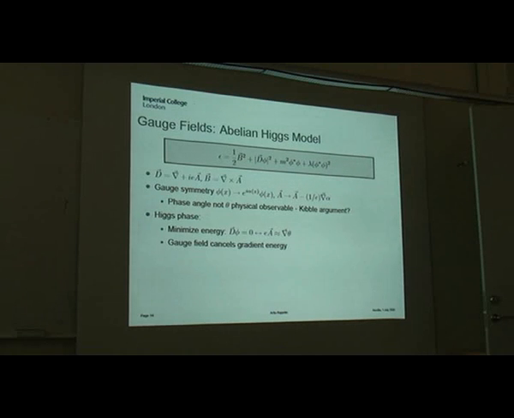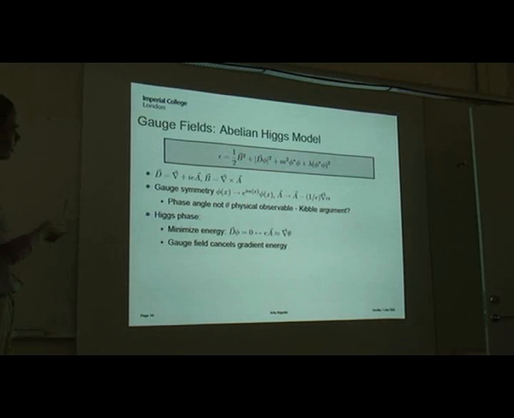To understand what happens, let's see what happens when you go into the Higgs phase, or broken phase in this case. What the system essentially tries to do is minimize the energy, let's say inside a bubble, inside a domain. In the global theory, that just meant that it tries to minimize the gradient energy, and therefore the field became uniform. The complex phase in the whole bubble was uniform. But now what you want to minimize is the covariant derivative, instead of the gradient.